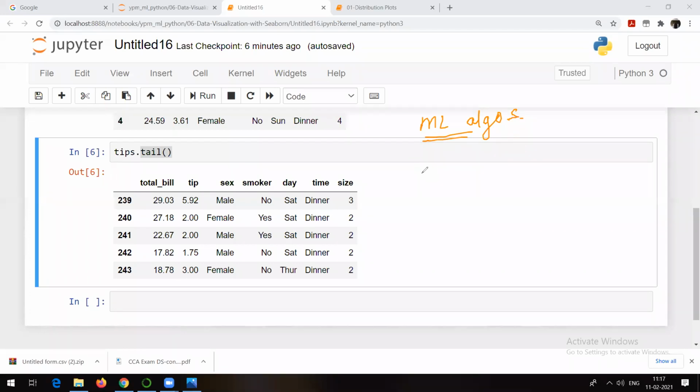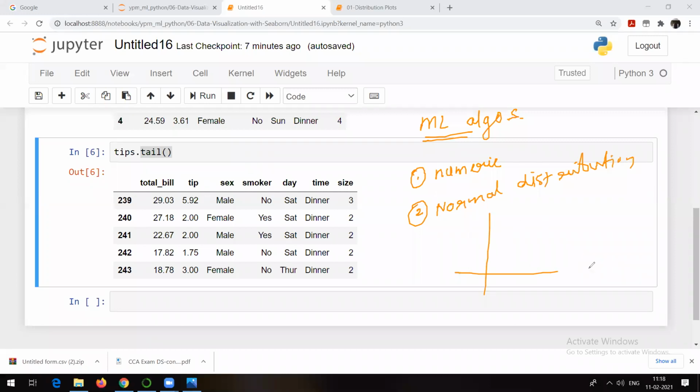Whenever we want to create a model, before passing the data to any model, that data should satisfy two properties. That data should always be in numeric format. I discussed it many times. And that data should be in normal distribution format. Now, what do you mean by normally distributed data? You might be knowing about it, right?